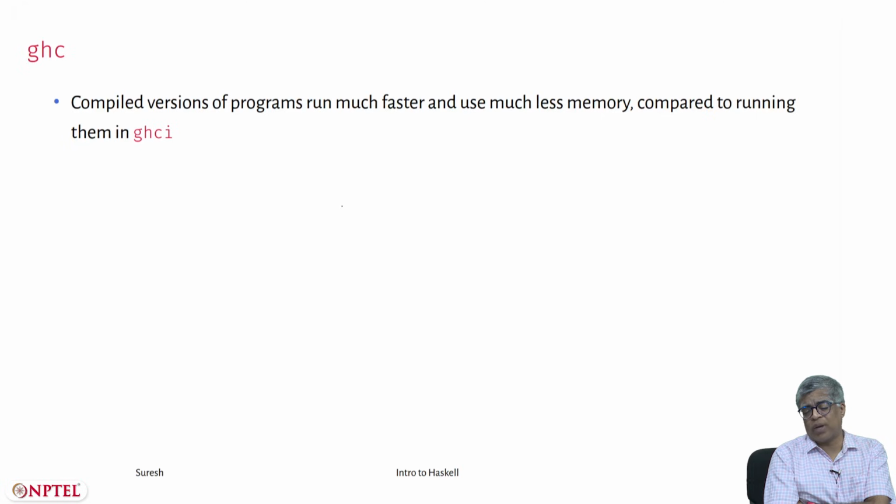Compiled versions of programs run much faster and use much less memory compared to running them in GHCI. But we are writing mostly toy programs, so we wouldn't appreciate the difference so much. Once you ramp it up to industrial level programs, it will almost always be run as a standalone program rather than inside GHCI.